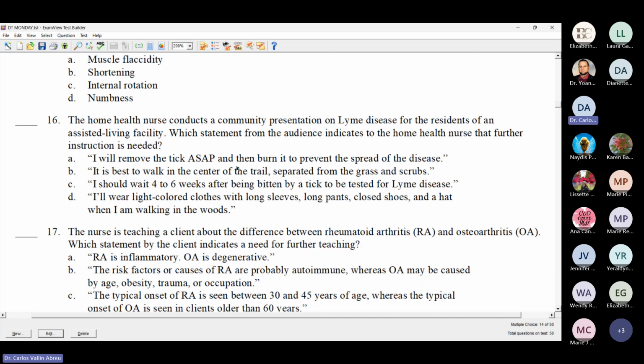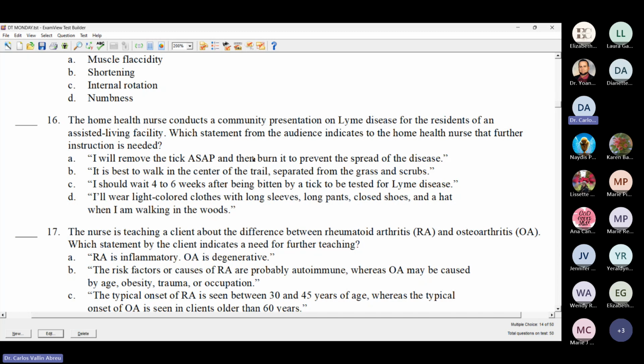But once you remove the tick, don't crush or burn it, because if the tick has the bacteria inside, it is going to be spread, and you can still get the bacteria. That's why they don't want you to crush nor burn the tick. You need to flush the tick in the toilet. Yeah, flush the tick in the toilet.